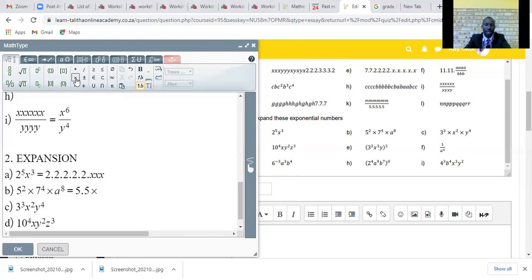So we have a 7, then another one, 4 times. Then we use this multiplication sign. We now want to deal with A. A is appearing how many times? 8 times. So we have it 1, 2, 3, 4, 5, 6, 7, 8.